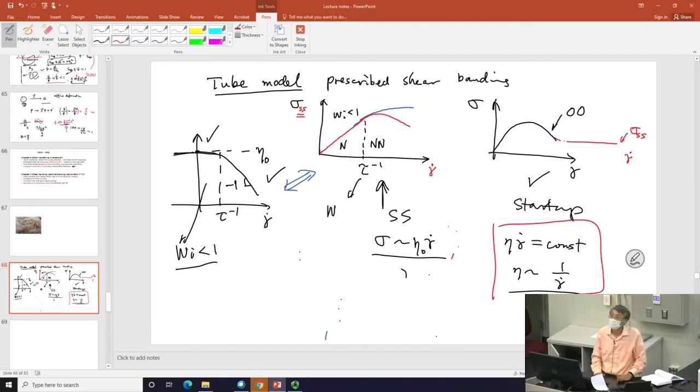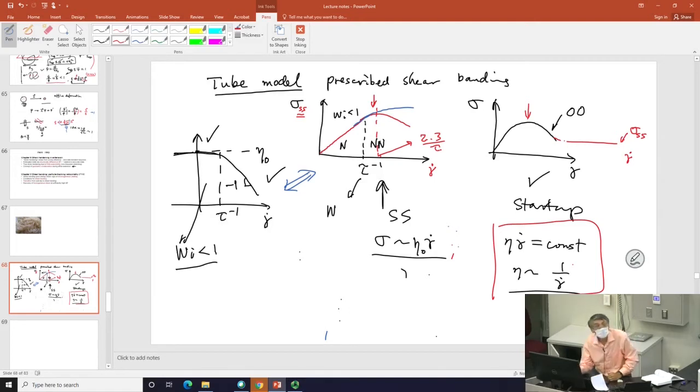Okay? But this model predicts the same feature. Look, this maximum turns out to have the same origin as this. What is the origin of this? Remember, over-orientation, right? So this model basically says in steady state, if you shear much beyond, and it turns out this is not much more than just about 2.3 inverse tau, not much beyond, it basically says if you want to shear with a higher rate in steady state, you will have over-orientation.